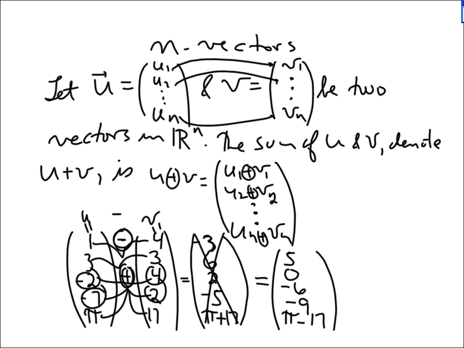Now, the next thing we should talk about, after talking about how to add two vectors and how to subtract two vectors, is scalar multiplication. And rather than giving a formal definition like I planned, since it models so well after scalar multiplication of a matrix and scalar multiplication in R2, we'll just do one.